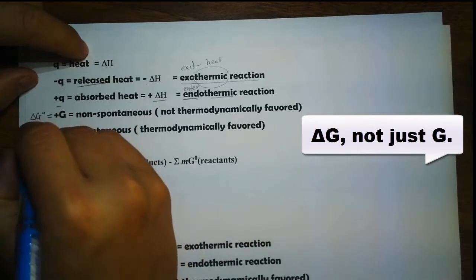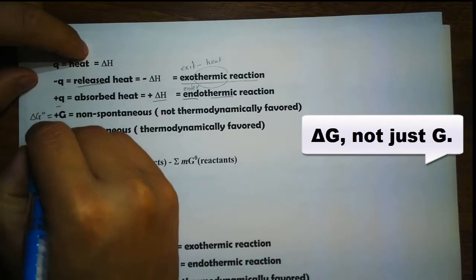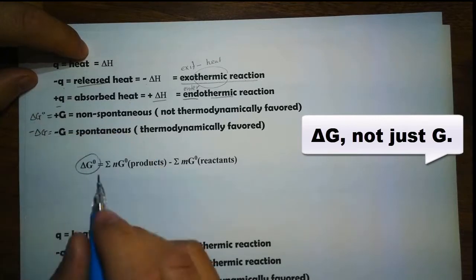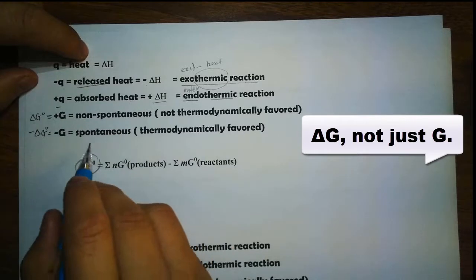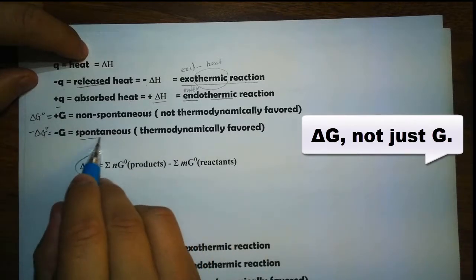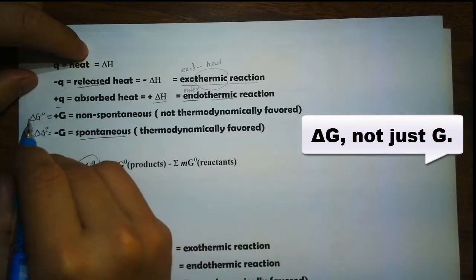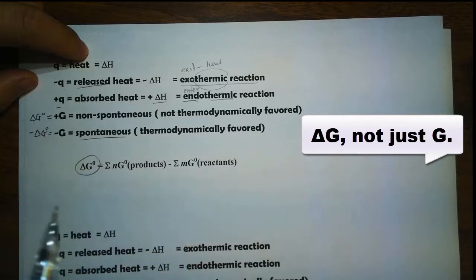Where if we have a negative delta G naught, this tells you that the reaction is spontaneous. So by looking at the changes in G, we know if the reaction is spontaneous or not spontaneous.